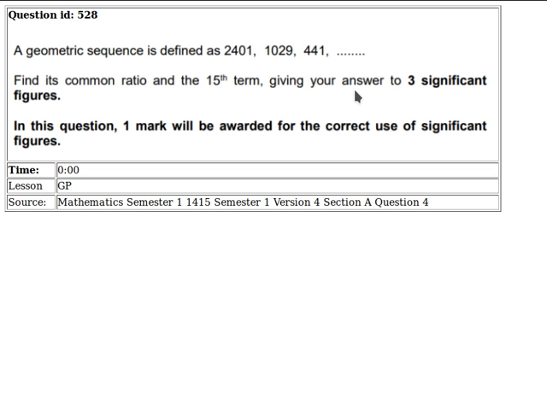So, I think they're saying give the 15th term to three significant figures, and in fact, not the common ratio. But of course, that's also unclear because in English, if I start a sentence with two terms and then I finish by only referring to one term, do you know the grammar device in English to signify which you're referring to?